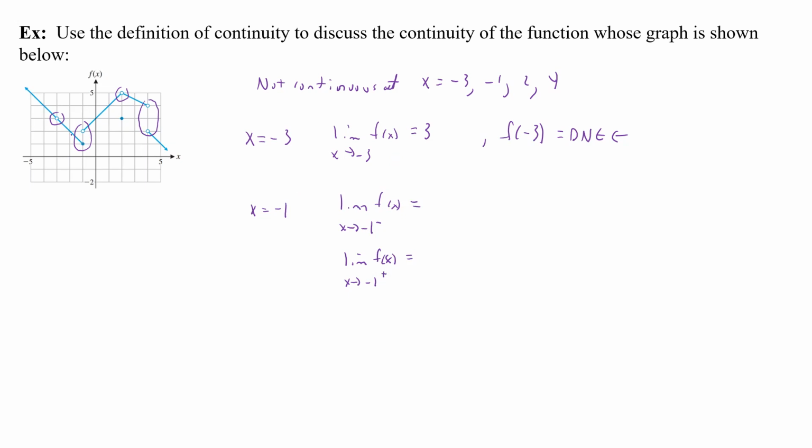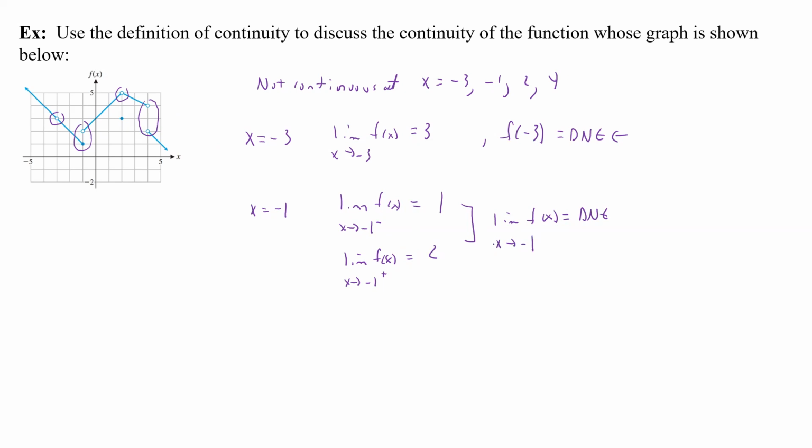From the left, it's going to be 1. From the right, it's going to be 2. And because of that, the limit doesn't exist as x approaches -1.